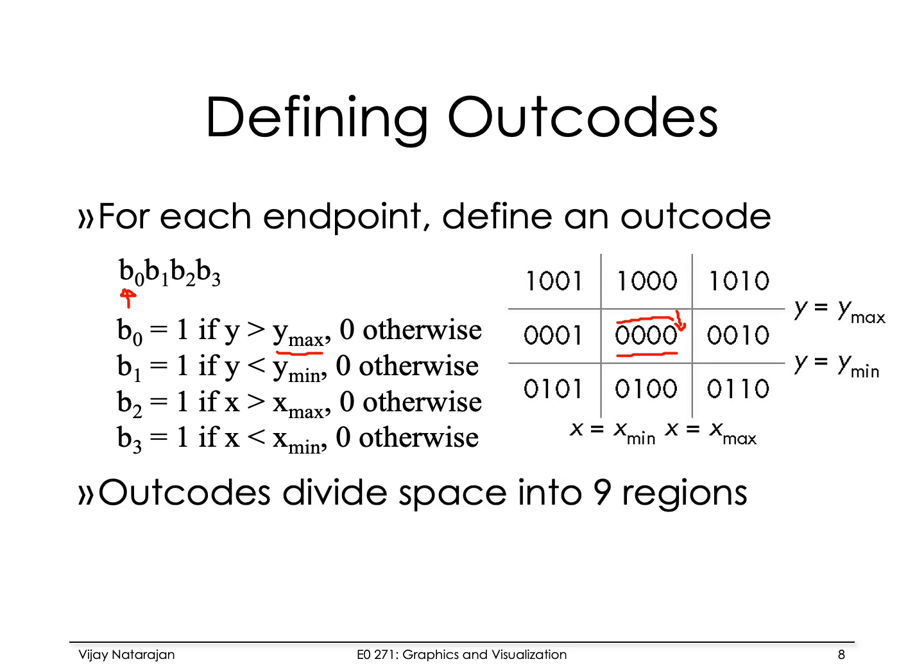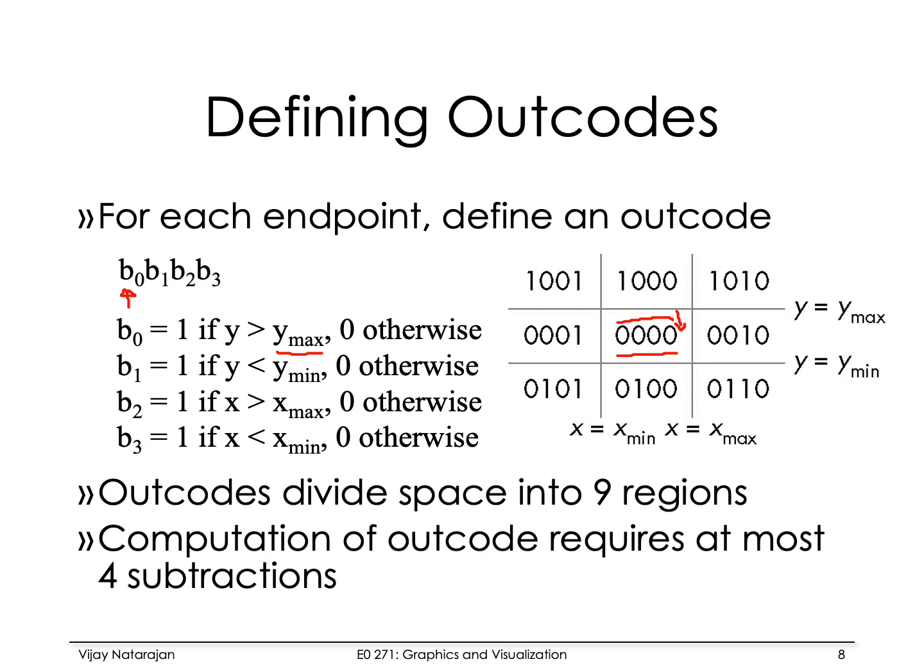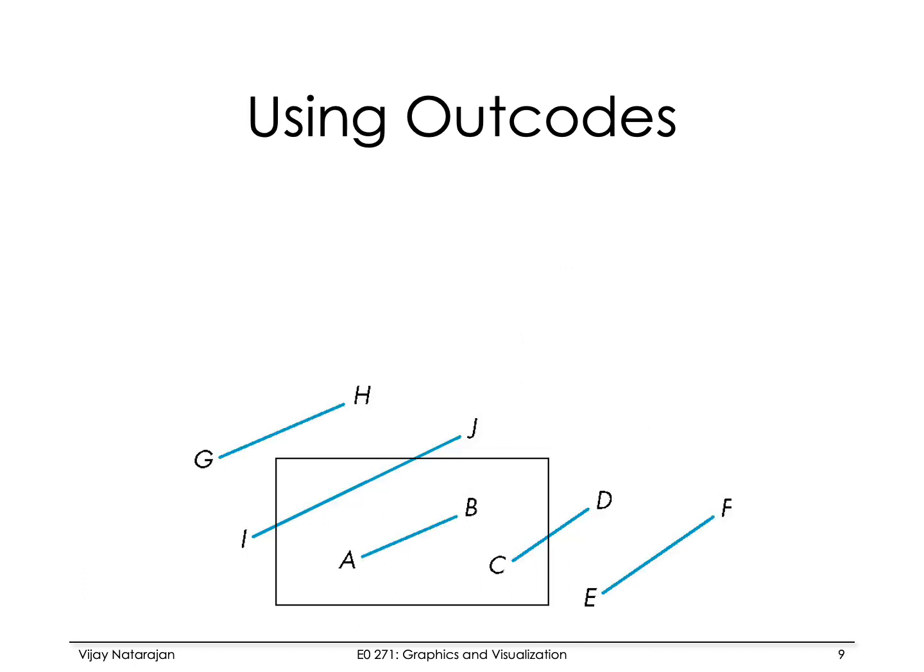The outcodes clearly divide the space into 9 regions. Computing the outcode takes at most 4 subtractions. This is clear. How do we use the outcodes? Consider the 5 cases that we saw earlier.